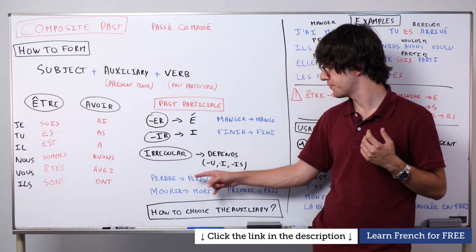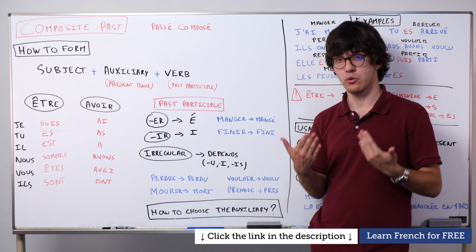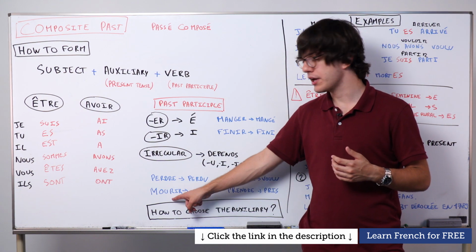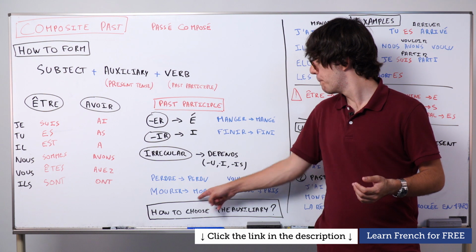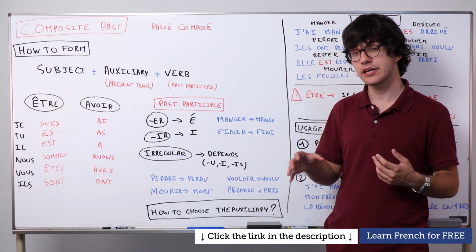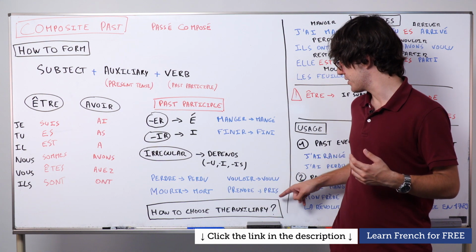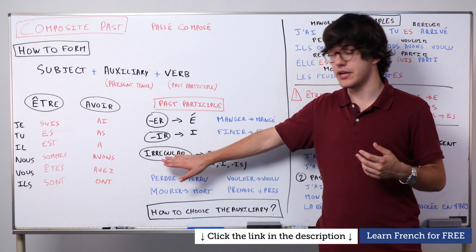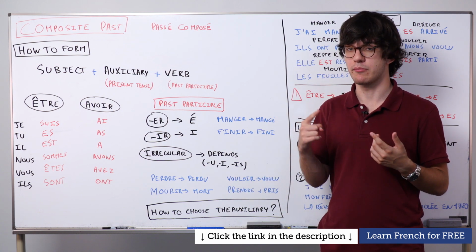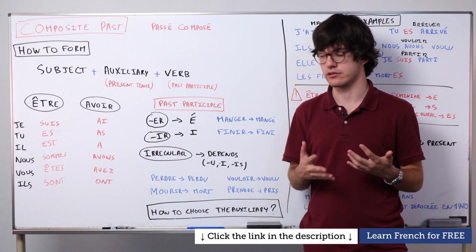Here it's U. Vouloir, to want, voulu. Mourir, to die, mort. Another example, prendre, to take, pris, with an S. For the irregular verbs, you need to remember the forms, but it's only one form that you need to remember. So that's not that difficult.